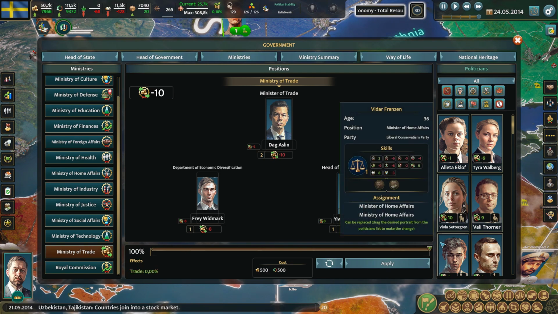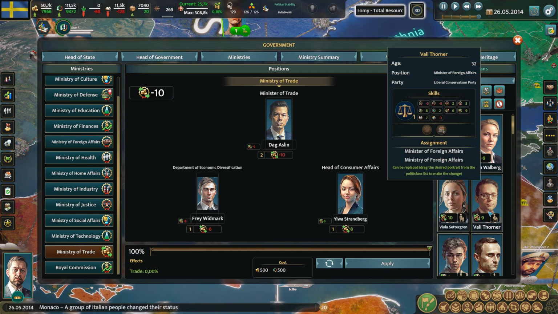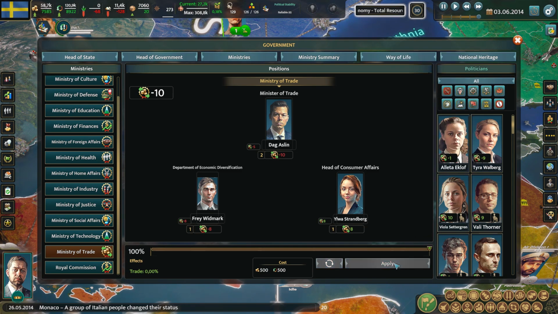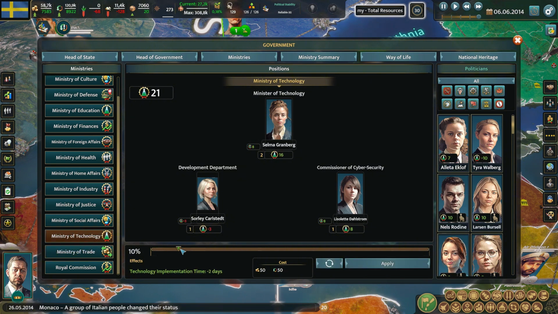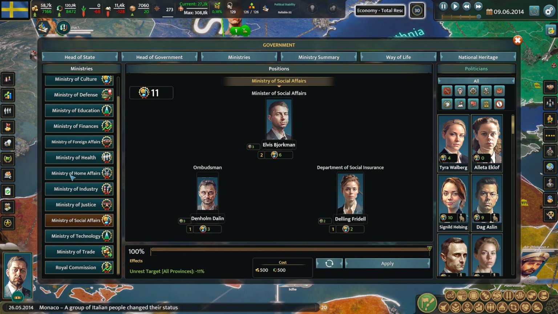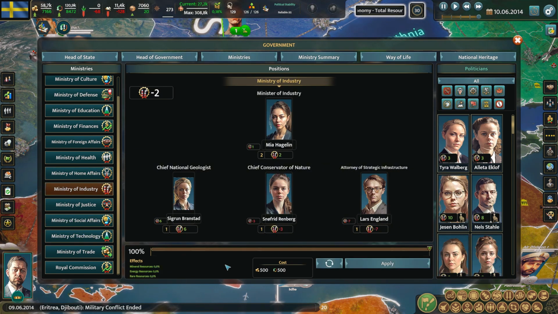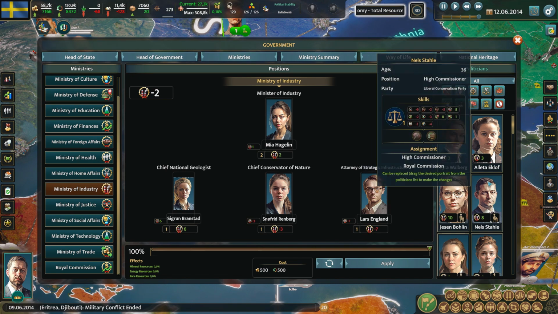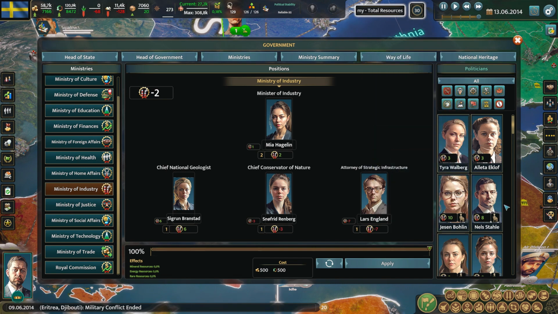The same goes for trade here. As I've said, the government window allows you a great deal of control. You would have to replace the minister here to get beyond the 0, but you can most definitely do this. And any of the economic ministries will help us here.